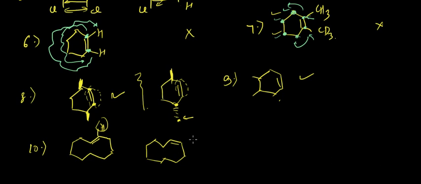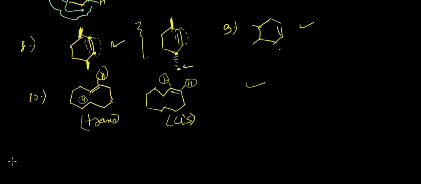In both the cases, as you can see, in this case you have a hydrogen atom attached here and a second hydrogen atom attached here, but in this case you can have both the hydrogen atoms attached on the same side. So this is trans and this is cis, hence both of these show geometrical isomerism.